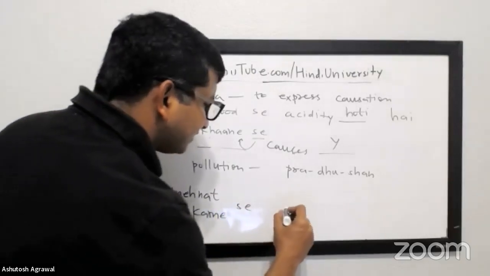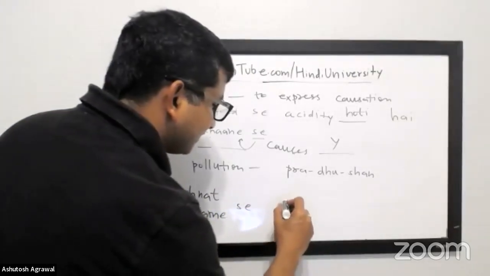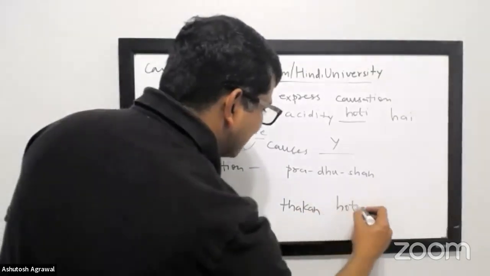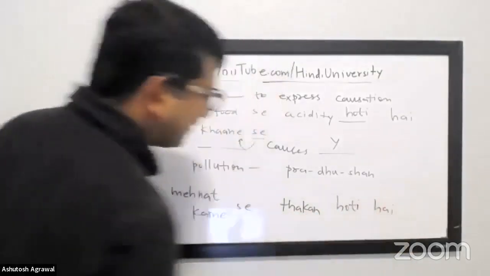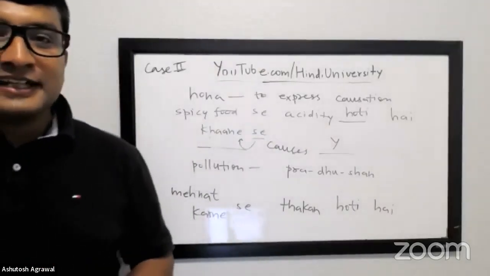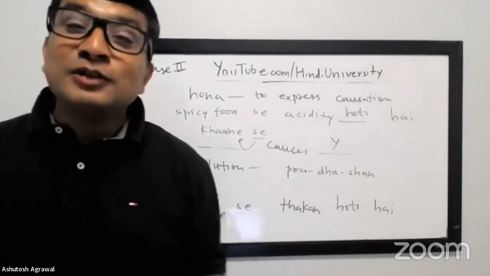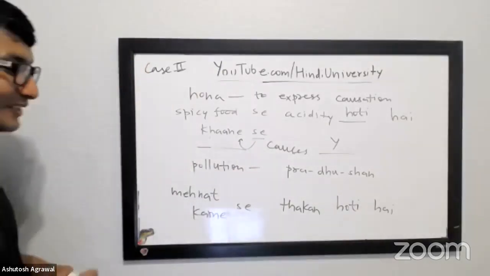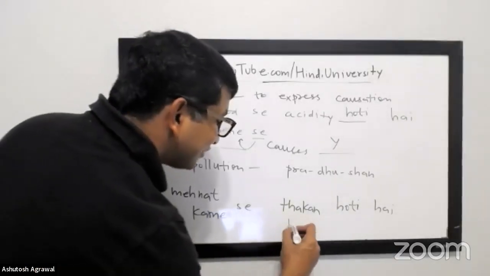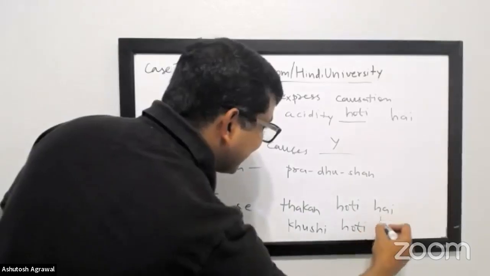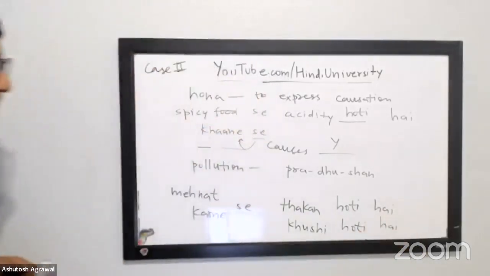It causes tiredness. Is that what you're saying? Thakan hota hai. Very good. मेहनत करने से थकान होती है. It's good. So you get it, right? मेहनत करने से थकान होती है. Okay? मेहनत करने से थकान नहीं होती है. मेहनत करने से खुशी होती है. Right? But somebody can respond to you, right? मेहनत करने से खुशी होती है. Okay? Awesome.